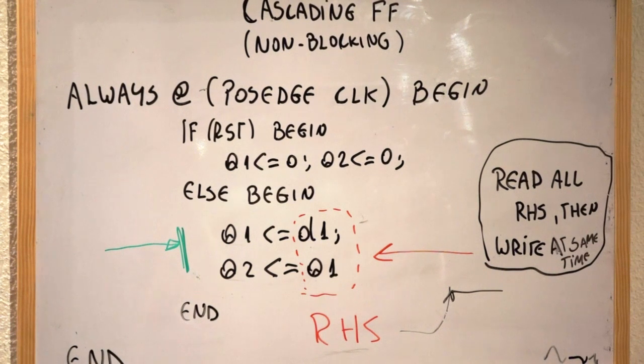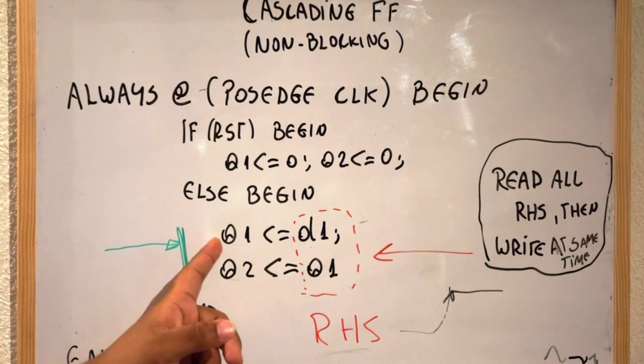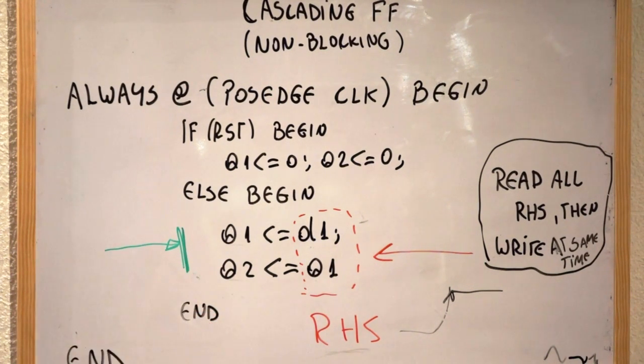But this is not how it happens in a hardware description language, guys. Here, Q2 will receive the previous state of Q1, not this assignment that is going to be executed, which is postponed to the end of this always block.